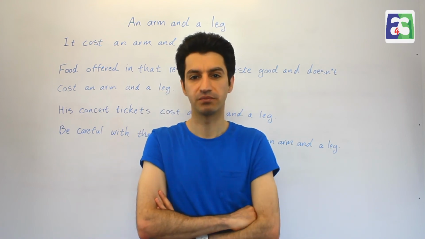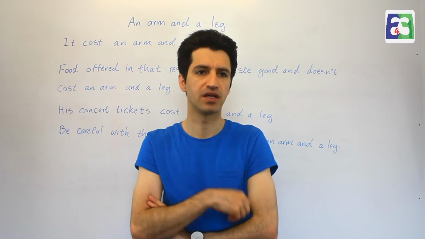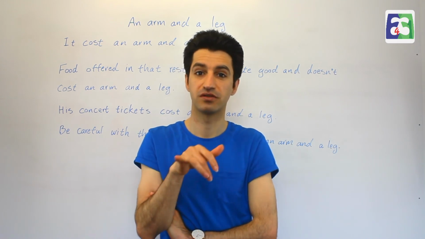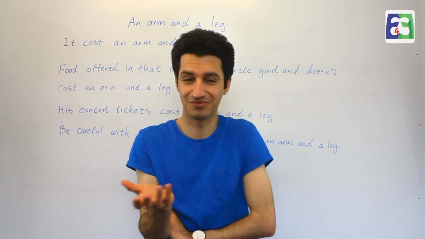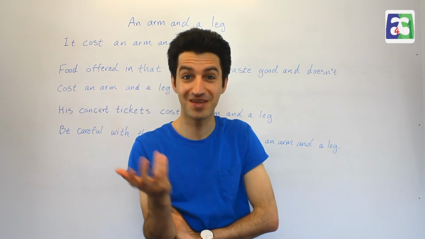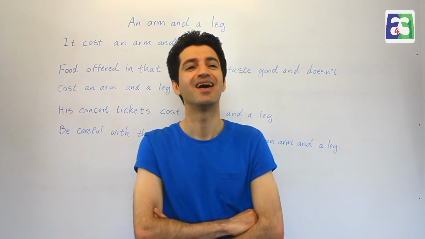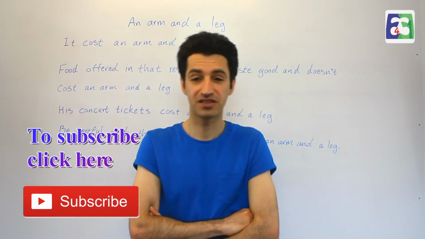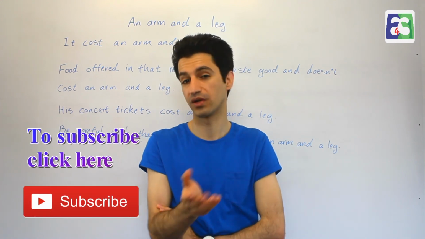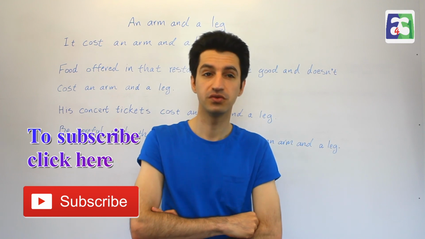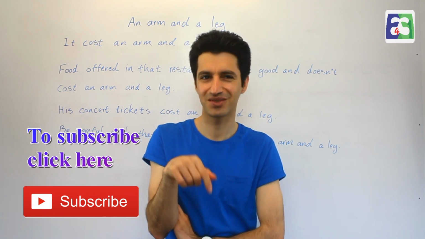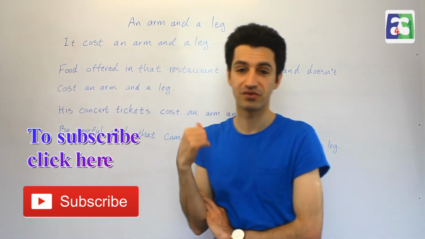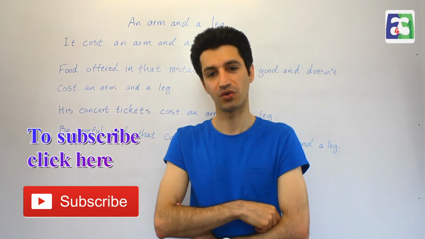In Bulgarian, there is a saying that means it costs one's father and mother, meaning expensive, a lot. There might be other things like this in your language as well. So if you know some more, please comment below this video and let us know.